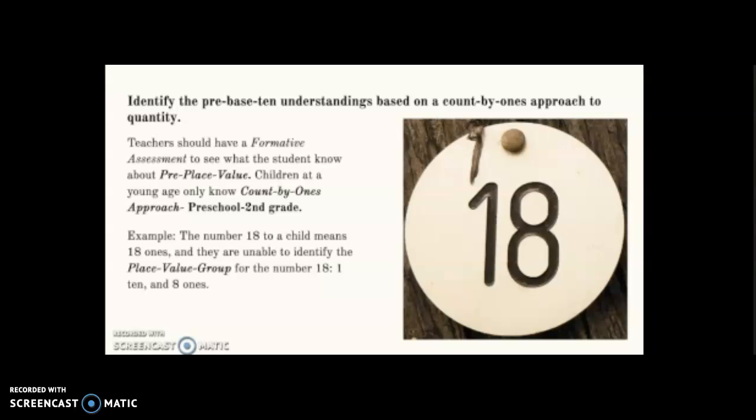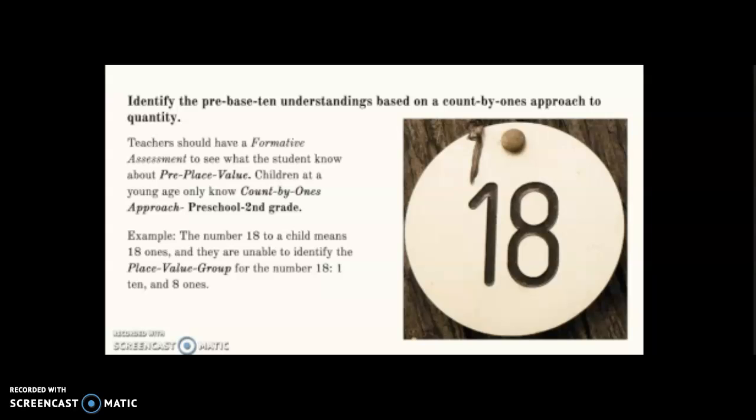They start teaching this in kindergarten, demonstrating how the ones become the tens, and in first and second grade they make those connections clearer and clearer. How do we regroup, so that the 8 is not just 8 ones and the 1 is not just 1?